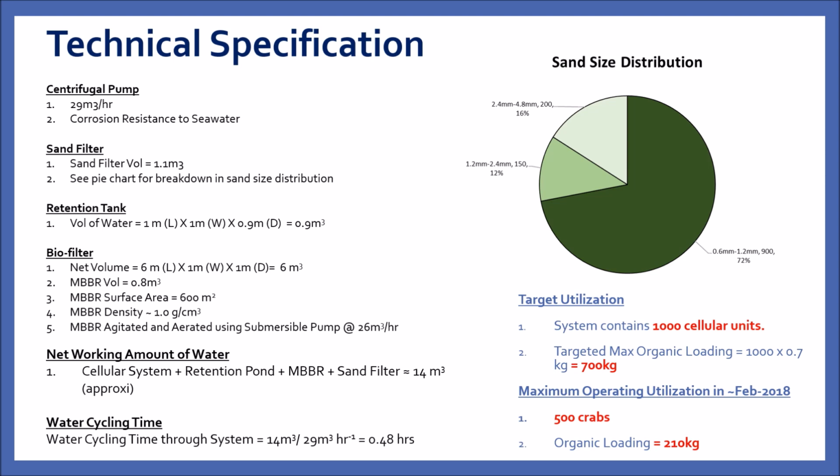And 1,000 boxes will give us 7.5 meter cube, plus the retention pond, plus the volume in the moving bed bioreactor, as well as the sand filter, which approximately gives us about 14 meter cube. Water is being cycled through the system at about 0.5 hours, which is half an hour per cycle. We have previously run this up to a maximum of about 700 to 800 crabs with organic loading of 300 to 400 kilos.